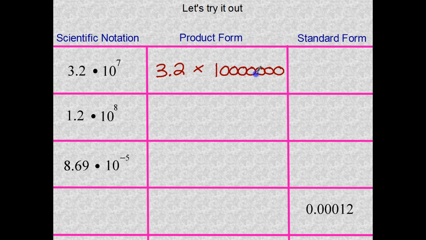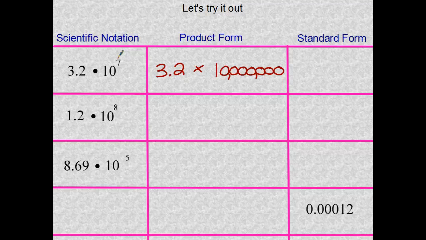Put in your commas if you'd like. We got one there, and we have one there, so pretty big number. Again, this is what scientists use. Very large numbers, it's just another way of writing it, 3 and 2/10 multiplied by 10 to the 7th. Okay, in standard form, how do we read that every day? Well, we're going to get rid of that decimal.